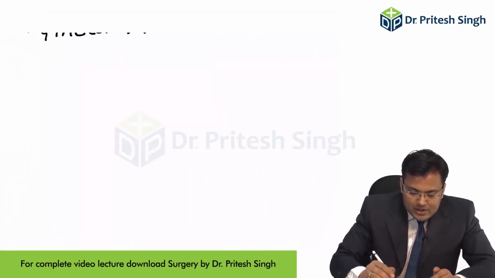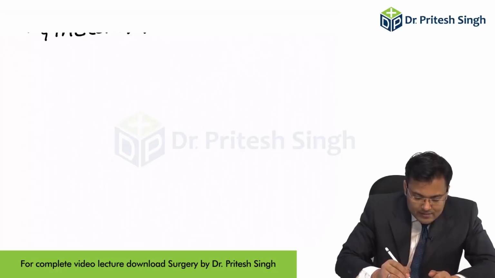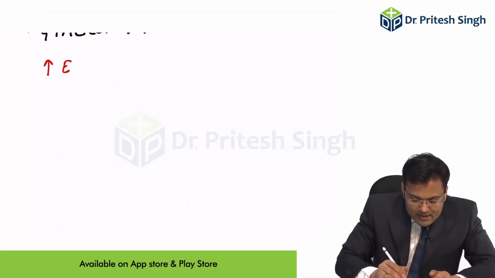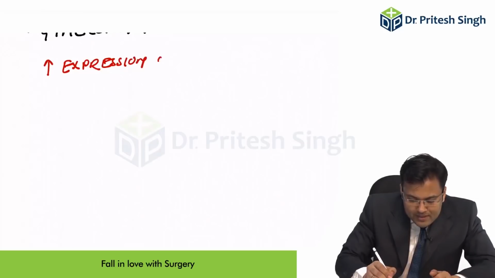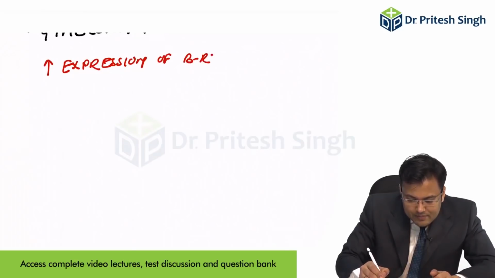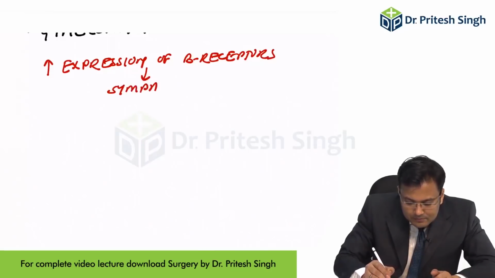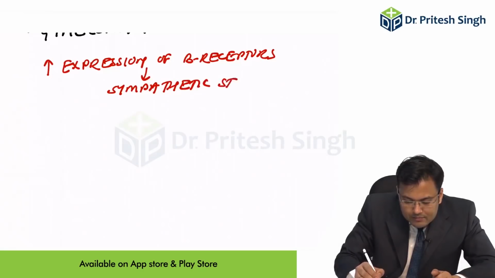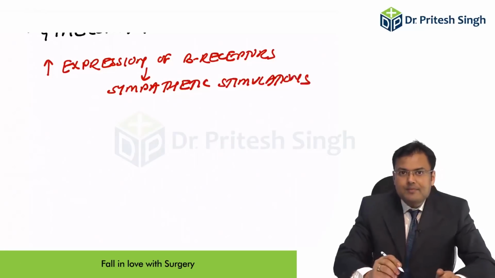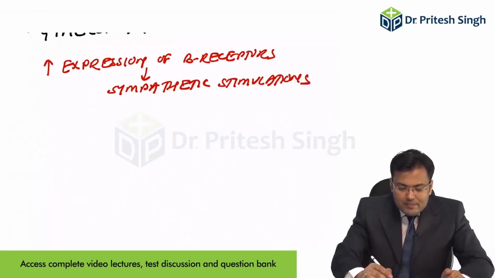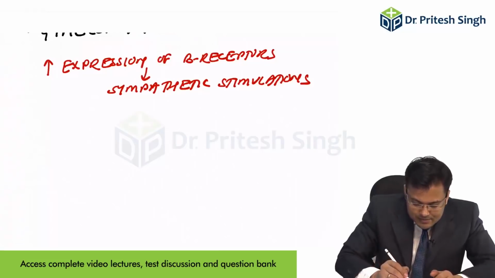So in patients of hyperthyroidism, there is increased expression of beta receptors, and these are responsible for sympathetic stimulation signs and symptoms. So what are those sympathetic stimulation signs and symptoms?